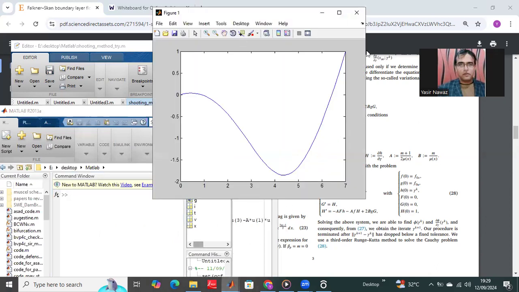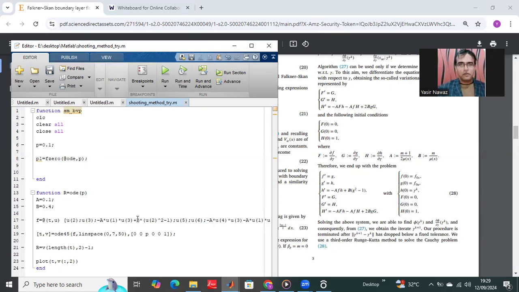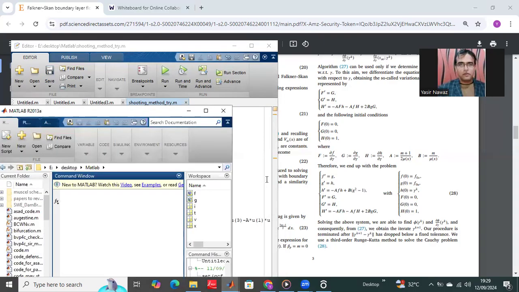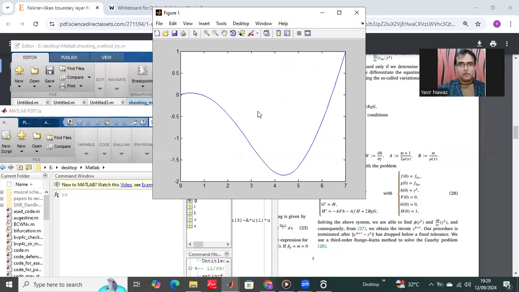No, it's still not an accurate solution, it's not converging. Suppose I give 0.7 here, and I have to see whether it's working properly. Again, it's not working.